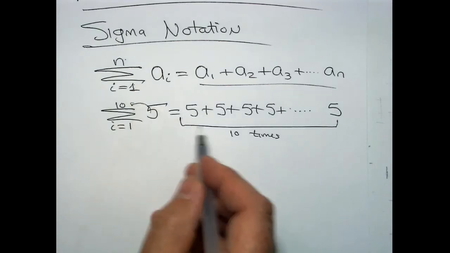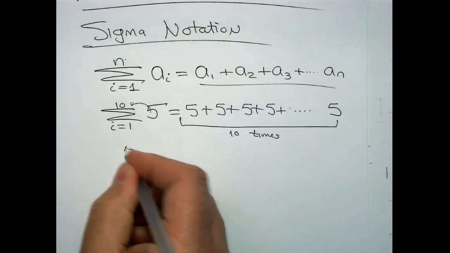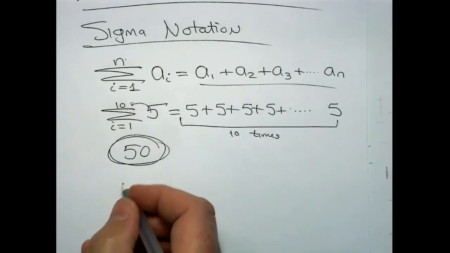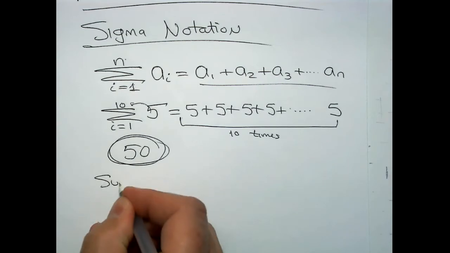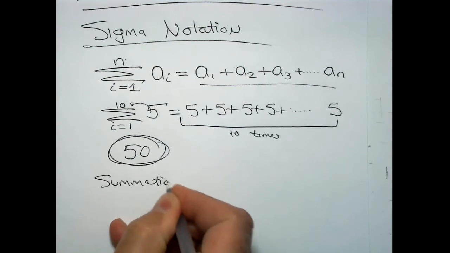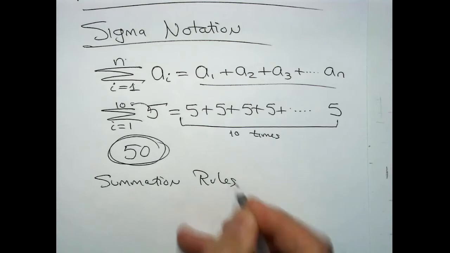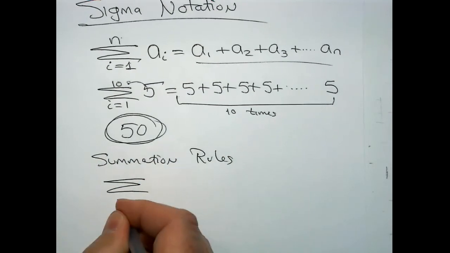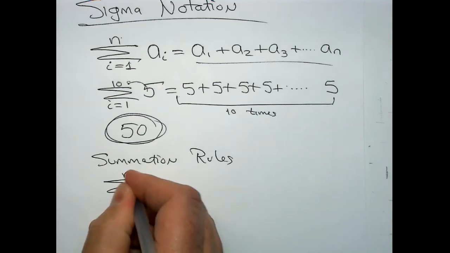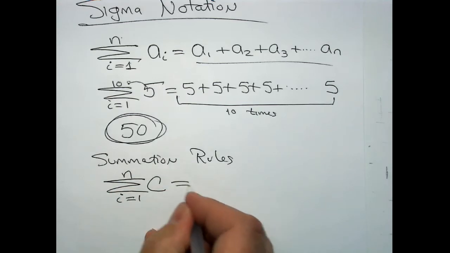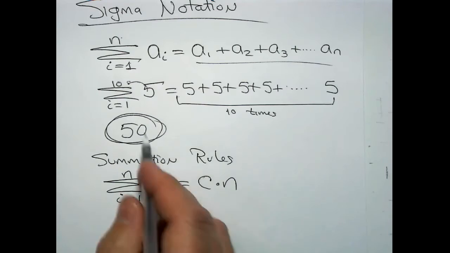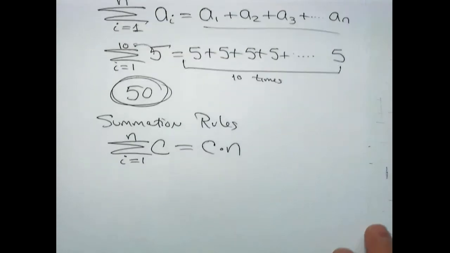We end up getting 10 5s, or 50. The answer to that would be 50. That leads to our first summation rule. When you add a constant together, whatever that constant is, it's simply multiplication, c times n. And that's exactly what we did just a moment ago.